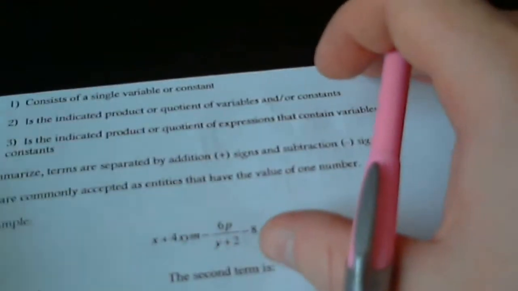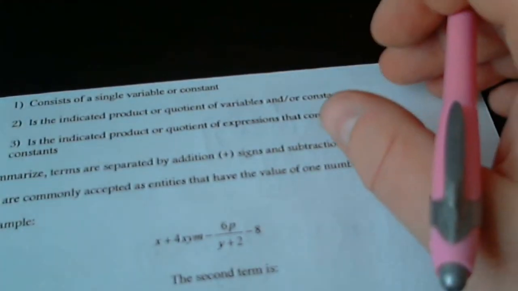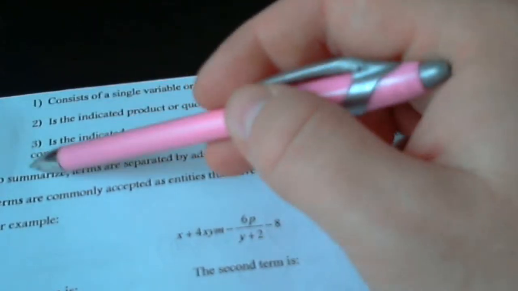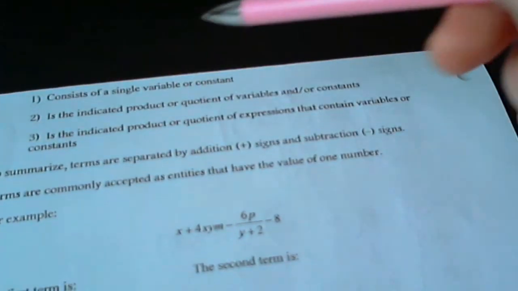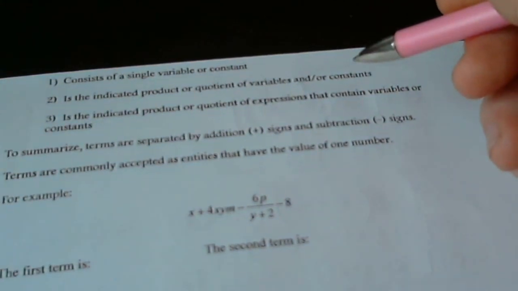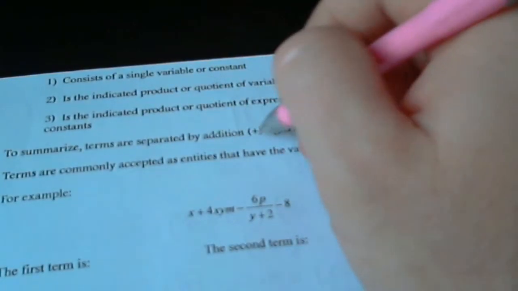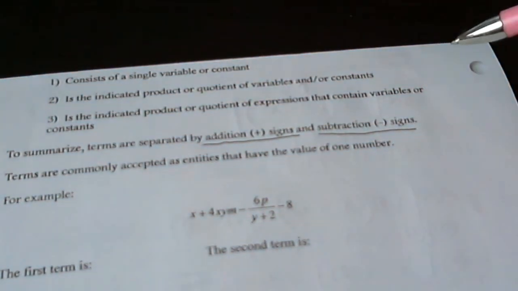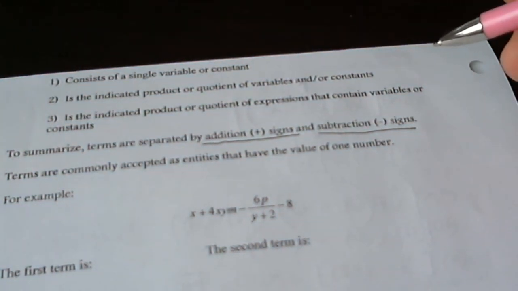Okay. Let's talk about terms. Terms in algebraic expressions. Here are the rules for terms, but these are a little bit confusing. So what I'm going to suggest that you realize is that terms are separated by addition signs and subtraction signs. That's really it.